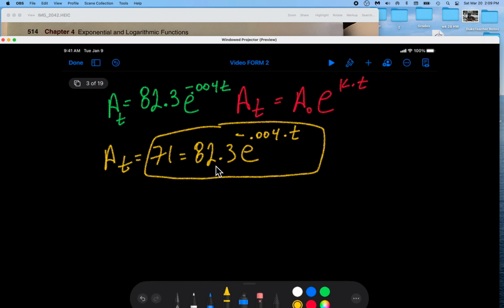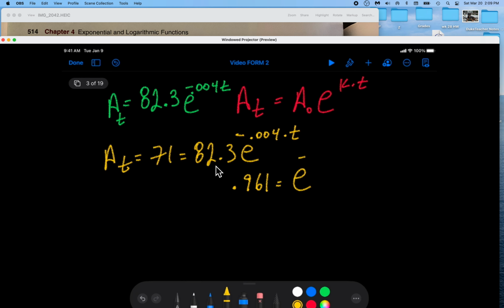When you do that, you get 0.961 equals e to the negative 0.004t. There's no way we could get a common base between these two to solve for t.